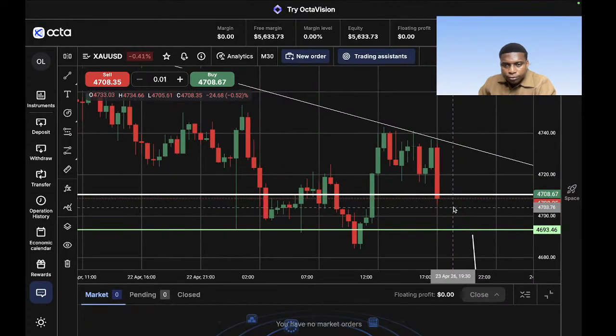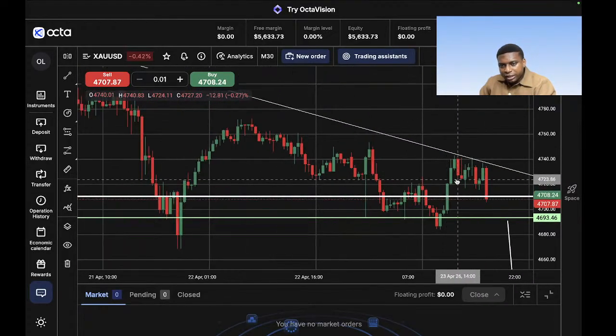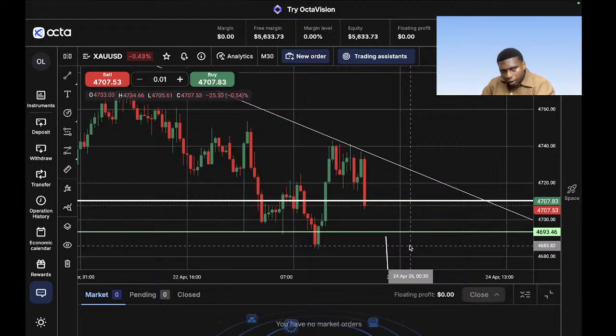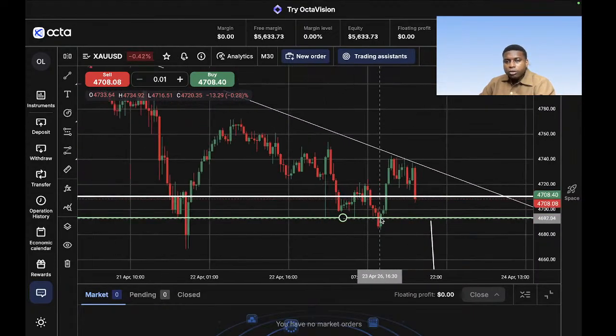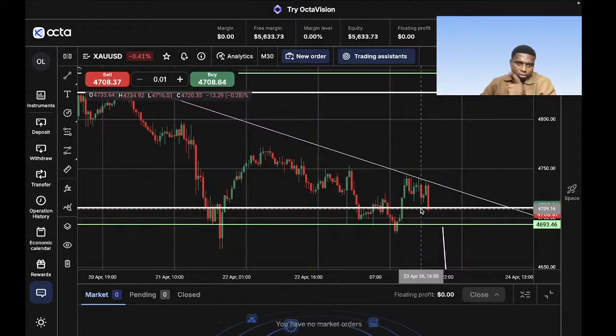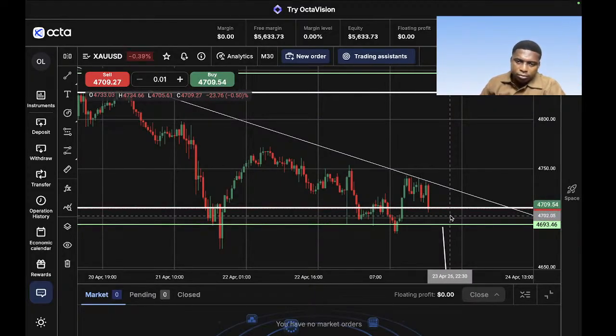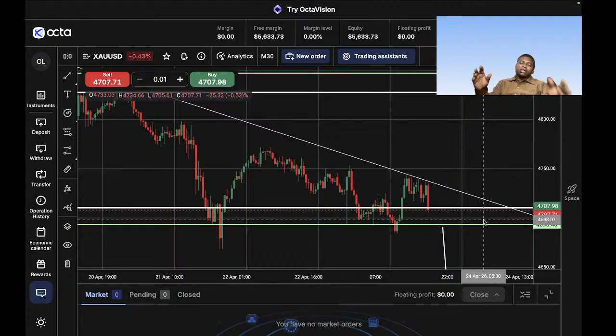So here's what I'm going to do. Instead of me taking an instant trade here, I want to be sure that this price level is going to continue to drop. And I cannot get that assurance by just entering a blind trade from where it currently is and then hoping that it drops further.